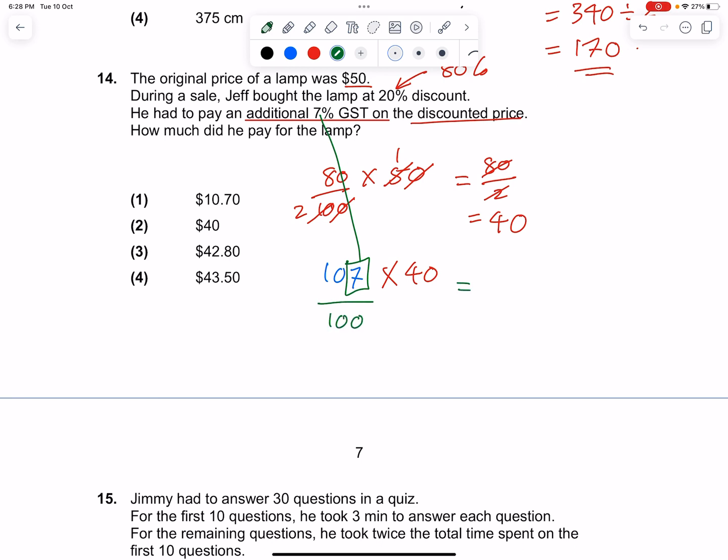Okay, and when we do our calculation, we will get the answer $42.80.